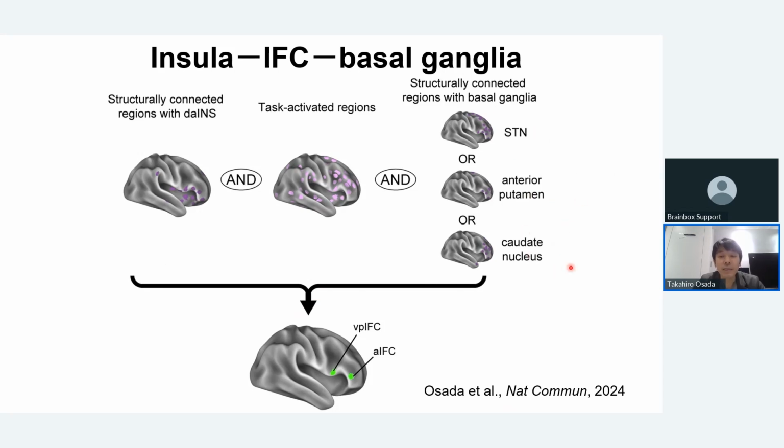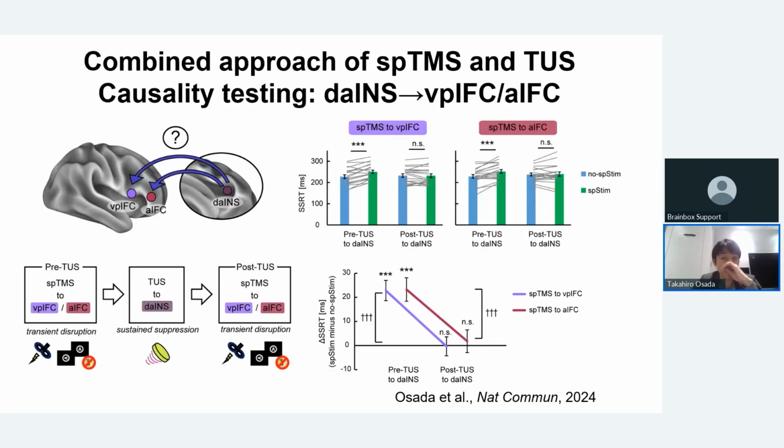These basal ganglia regions are observed to be activated during response inhibition. As a result, 2 regions, the VPIFC and AIFC, were found to meet these criteria. The VPIFC and the AIFC were postulated to be located at the downstream of the DA-ins.